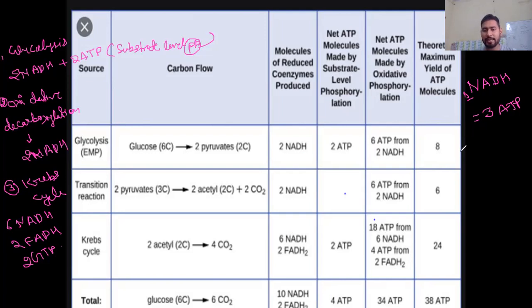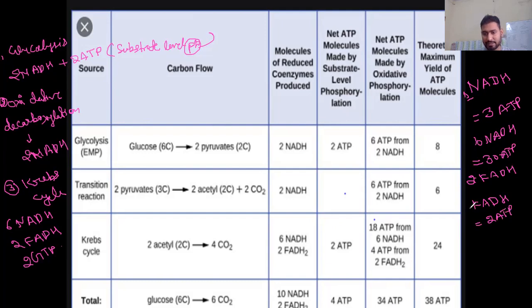So how many NADH do we have in total? We have a total of 10 NADH. 10 NADH means 30 ATP we got. And 2 FADH molecules we have, and you have to learn one more important point. Each FADH molecule produces 2 ATP.